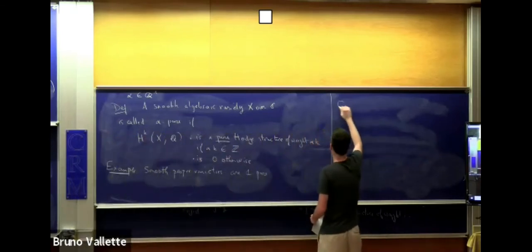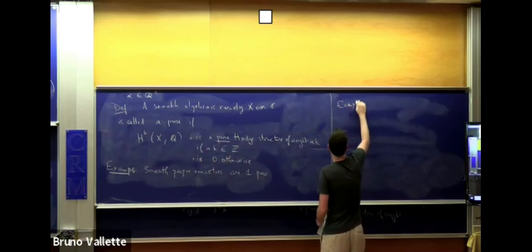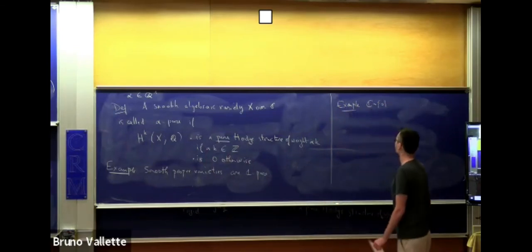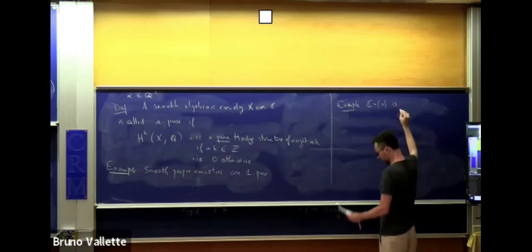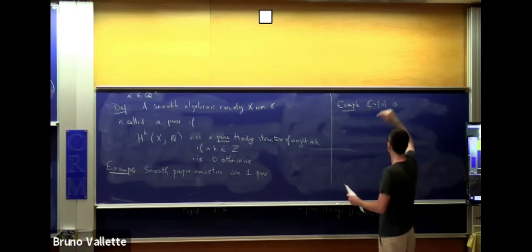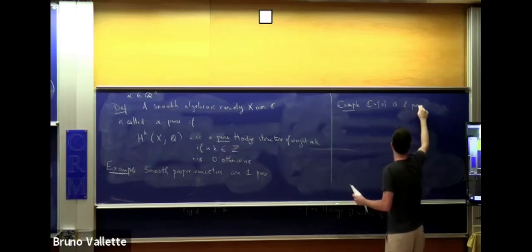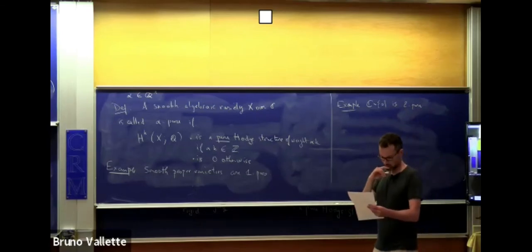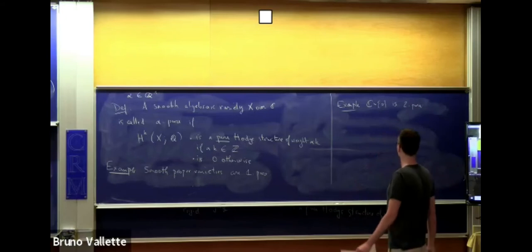So here's another example. Take C minus 0. C minus the origin is 2 pure. And actually, it's quite a fun exercise to compute this.